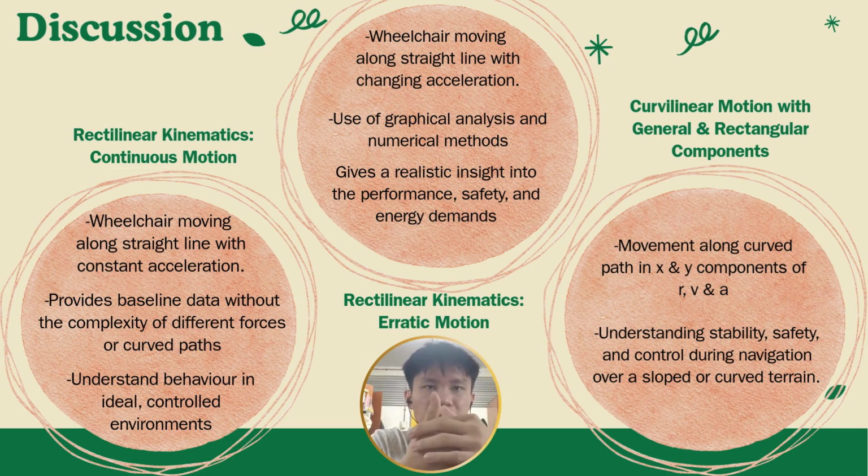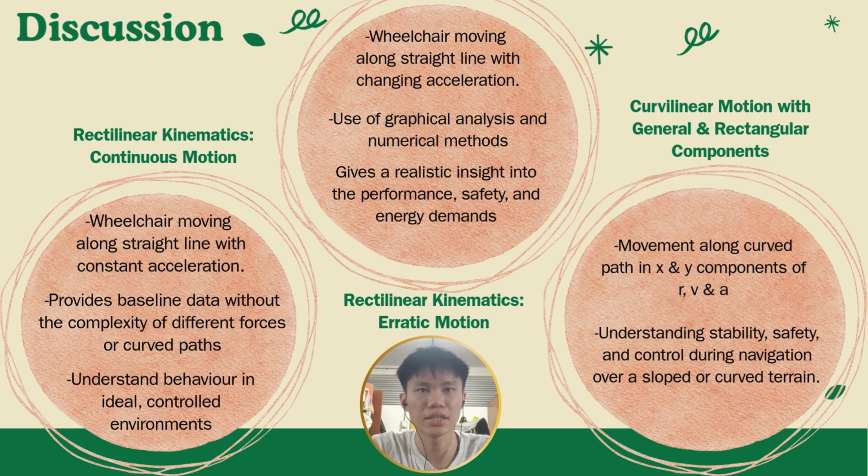The rectilinear kinematics with uniform acceleration in this study refers to the analysis of a wheelchair moving along a straight line with constant acceleration. In this context, the velocity of the wheelchair changes at a steady rate over time, and this allows its motion to be described using simple kinematic equations.